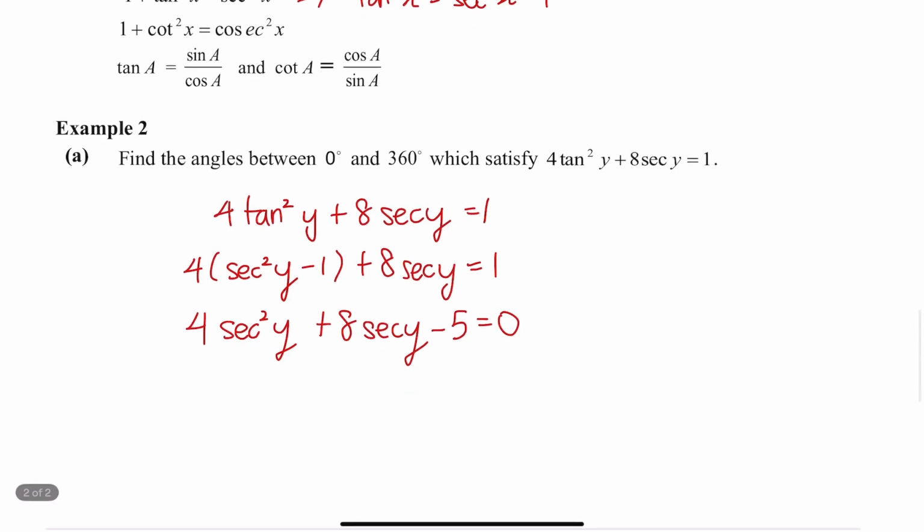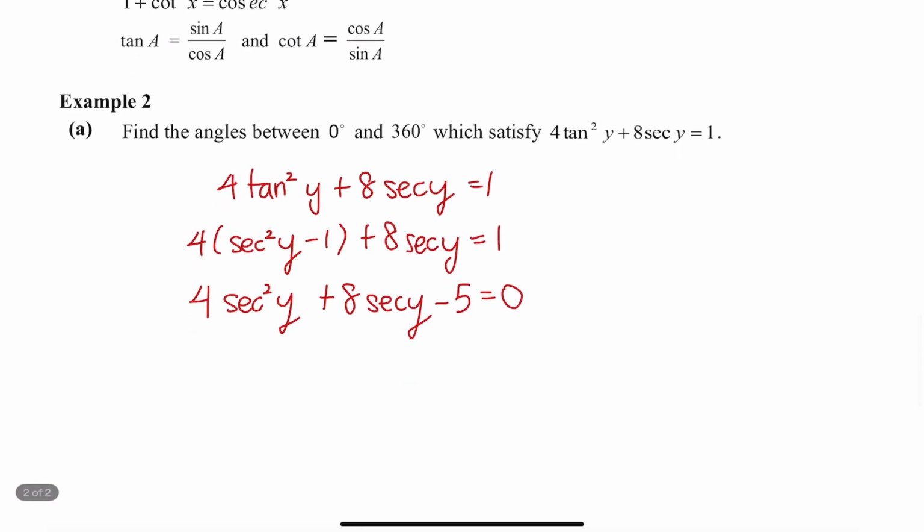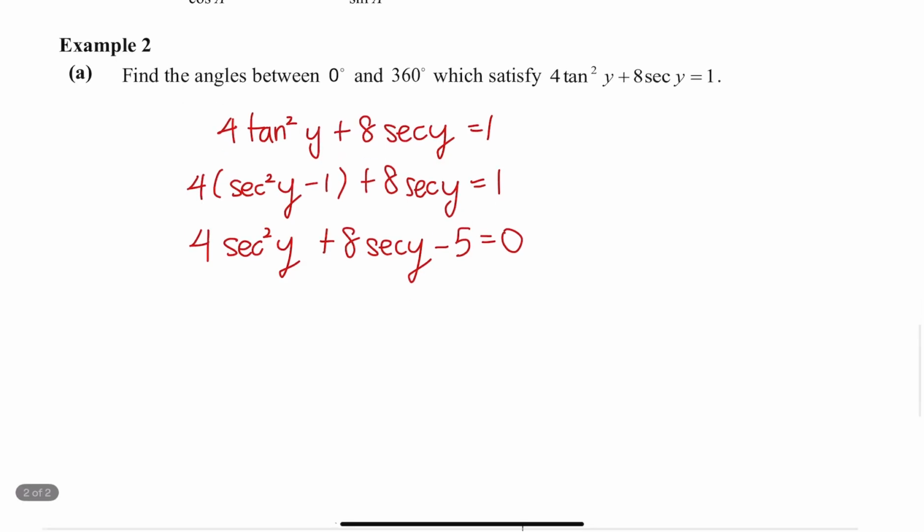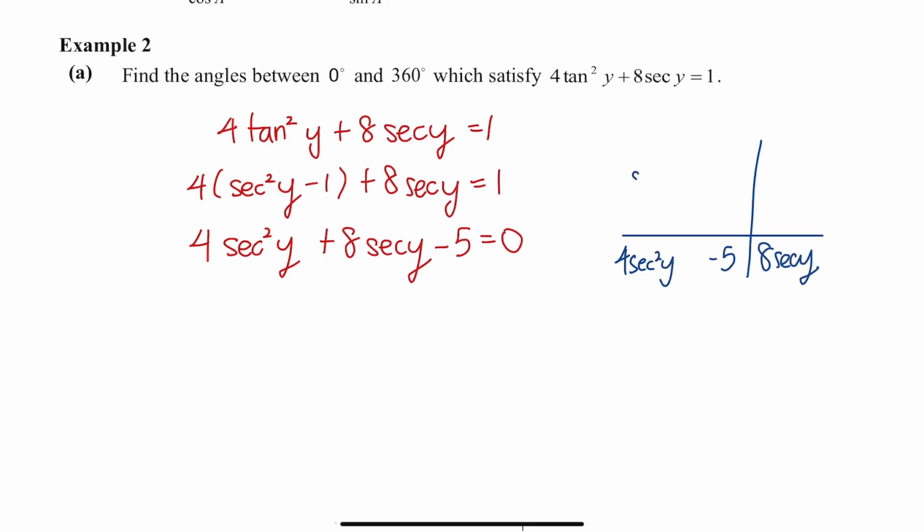Then from here, you can imagine this as 4x squared plus 8x minus 5. How to solve this? Simply factorize this kind of quadratic equation. So I draw my working at the side. If I use the cross method, I have 4 secant square y, minus 5, 8 secant y, secant y, secant y. One must be 5, one must be 1.